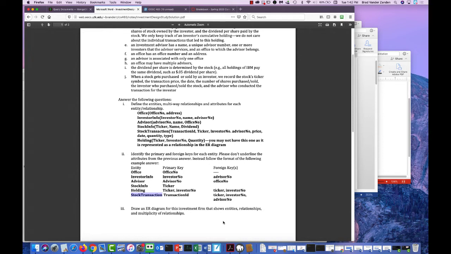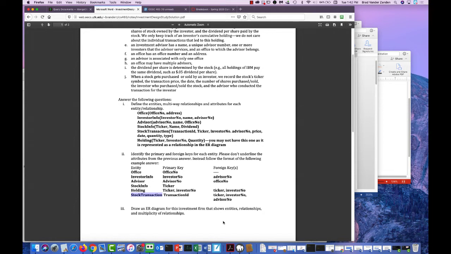If you're not that investor's advisor, you may never have transacted any transactions for that investor. If you're that investor's advisor, or you just happen to be on fill-in duty, you may have purchased multiple stocks for that investor. So, 0 to many.